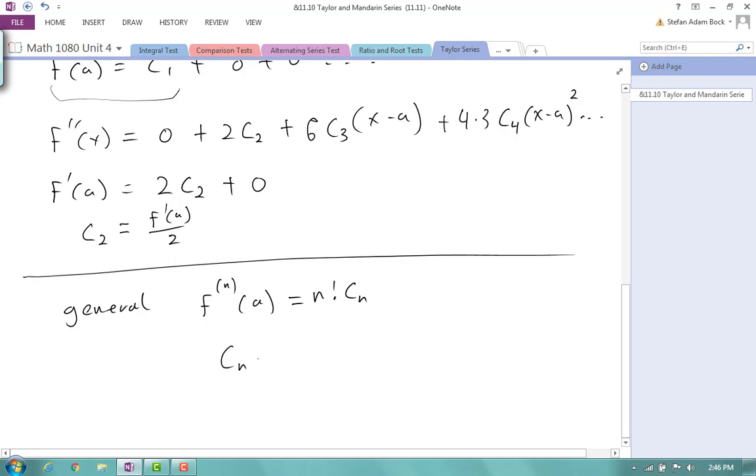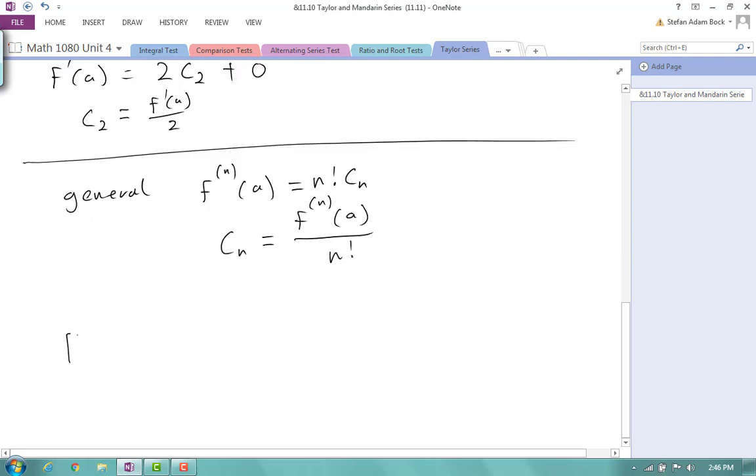Which means my c sub n is equal to the nth derivative evaluated at a divided by n factorial, which tells me that my original function has the power series: sum from n equals 0 to infinity of the nth derivative evaluated at a, divided by n factorial, multiplied by x minus a to the n.